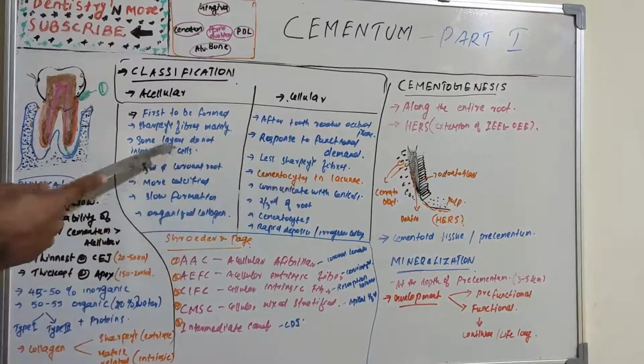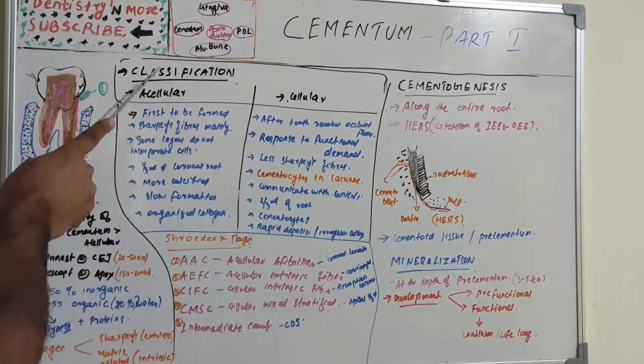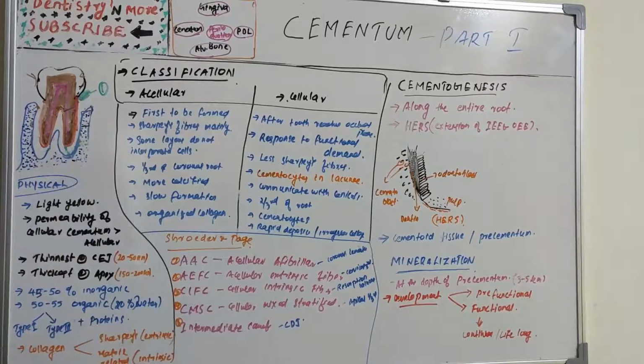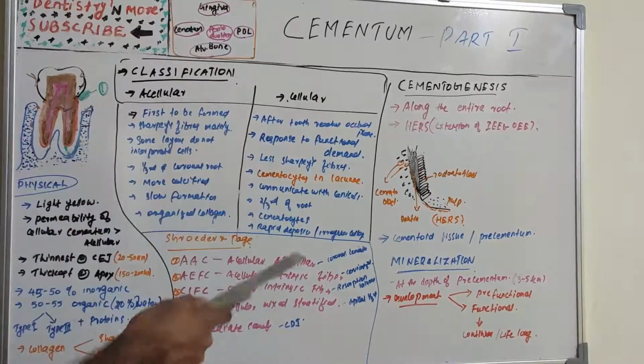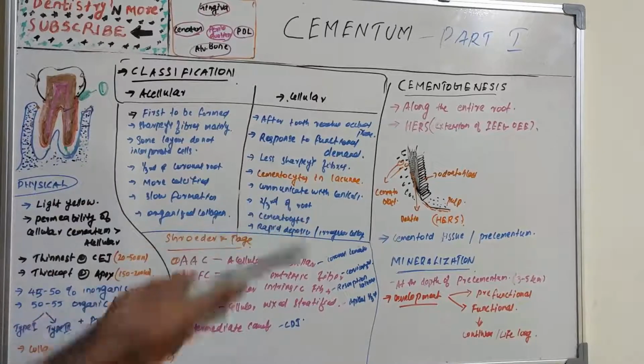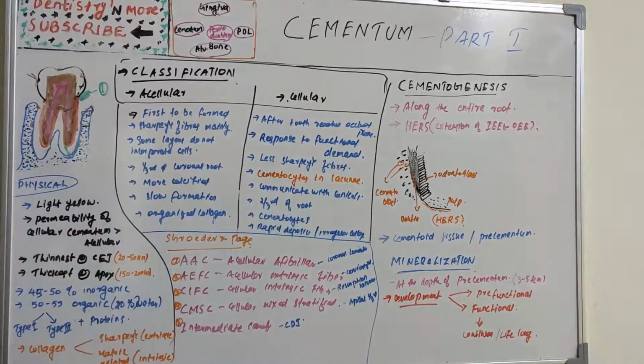These cementocytes are not present in acellular cementum, that is why it has got this name. The cementocytes communicate with each other with canaliculi. Okay, so there will be communication using canaliculi, and this is the 2/3 of the apex part. So from this part to this part is cellular cementum, and this to this is acellular cementum.